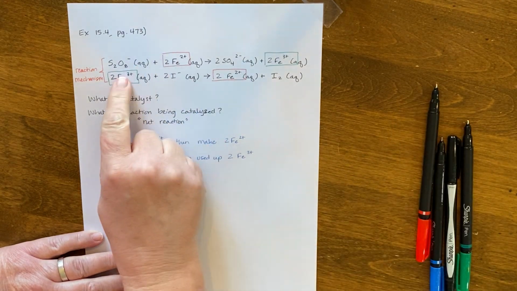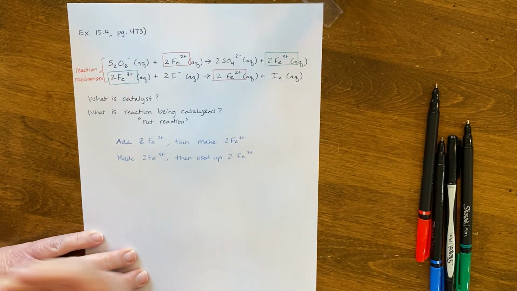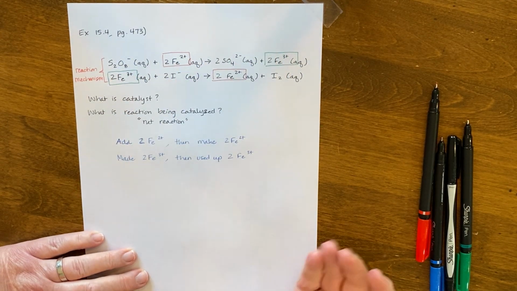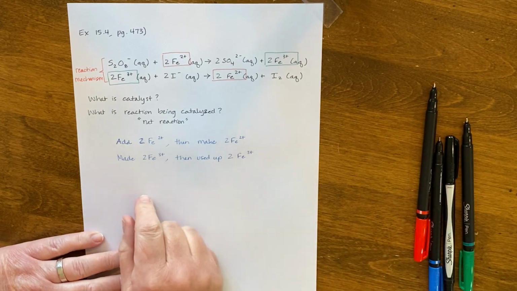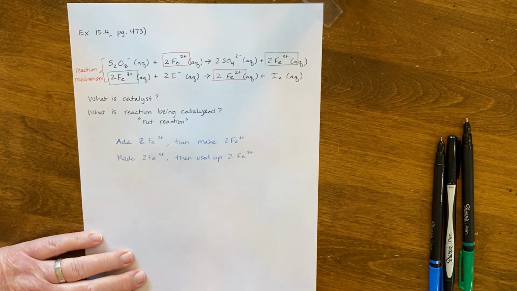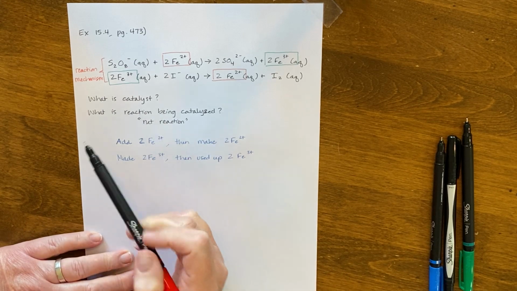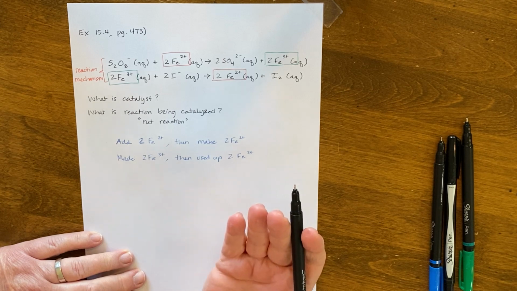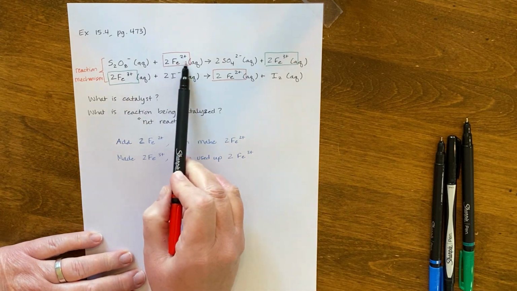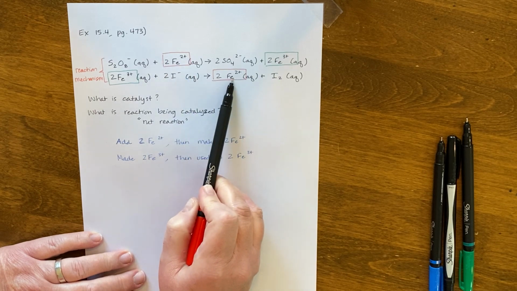Okay, so I've identified both things that were made and then used up, or added and then still left at the end. All right, so which one of these is the catalyst? Remember, a catalyst is something that's added to a reaction, but it's never used up. Well, I can see here my Fe2+ was added, but in the end it was not used.